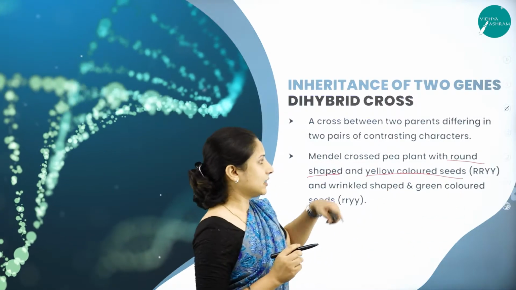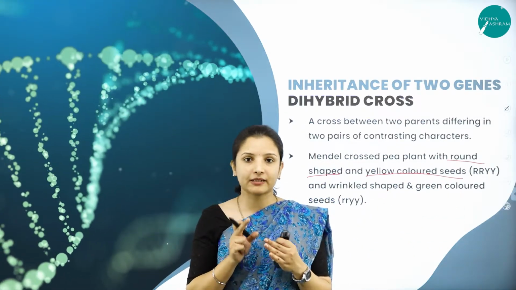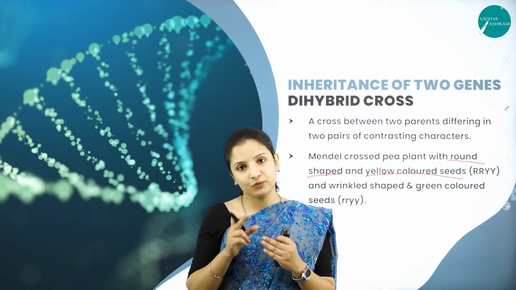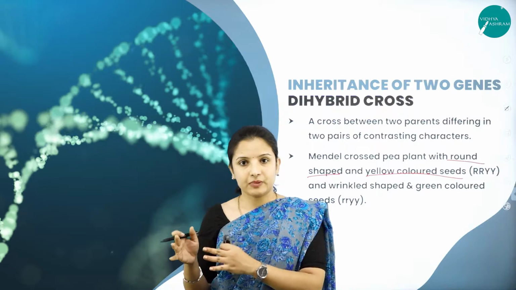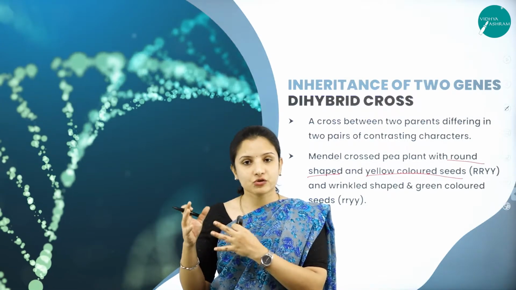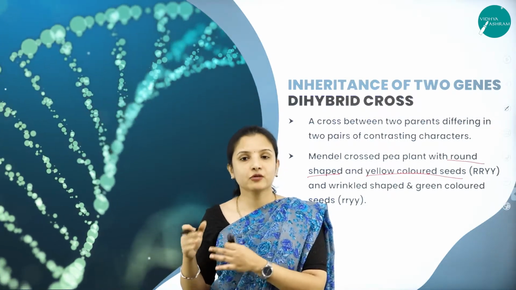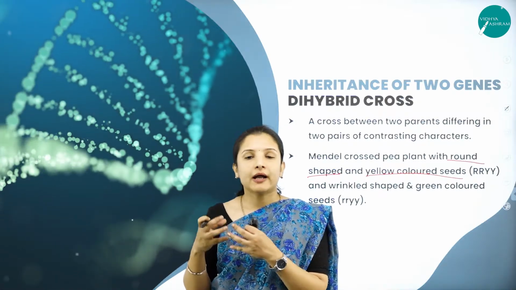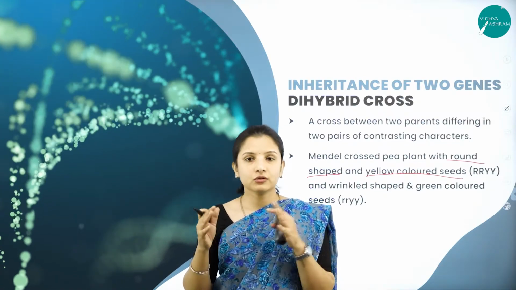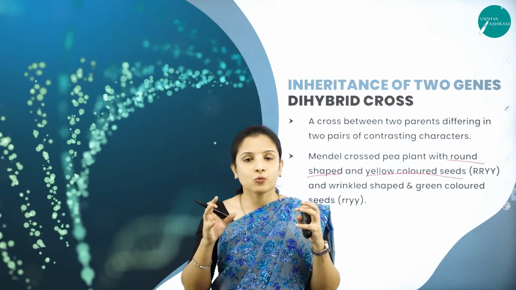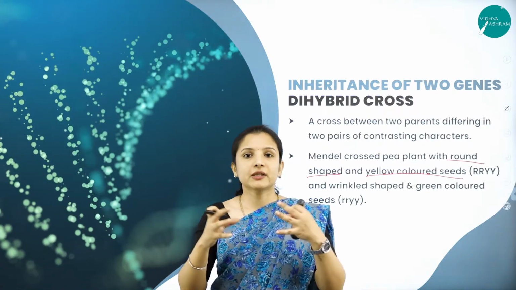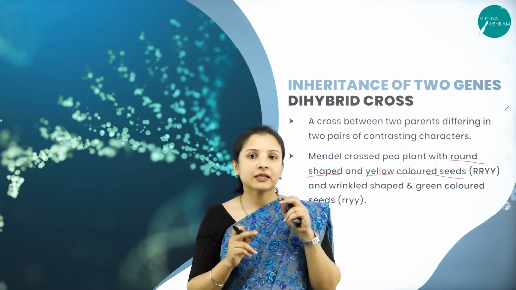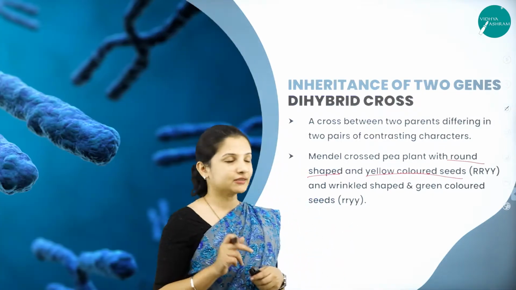The seeds produced by one pea plant, that is the parental pea plant, were round in shape and the color of the seed was yellow. The other pea plant, consider it to be the female, produced seeds which were wrinkled and green in color. He wanted to see whether the genes will express themselves separately in the offspring or not. So for that, he conducted an experiment and we shall see about it.